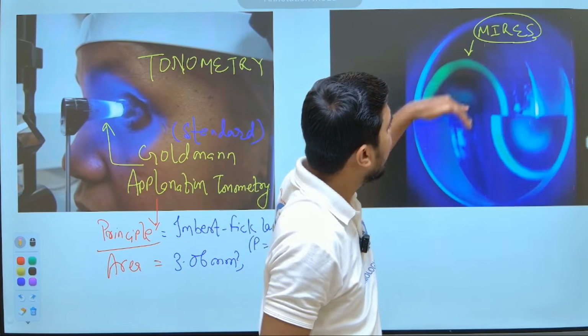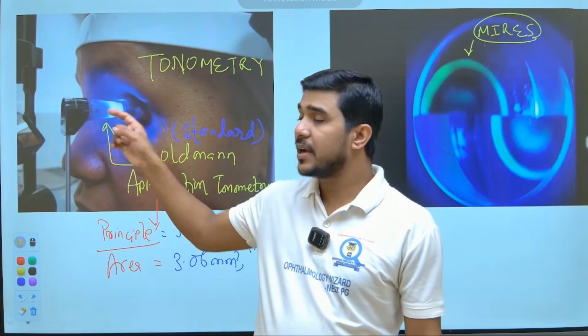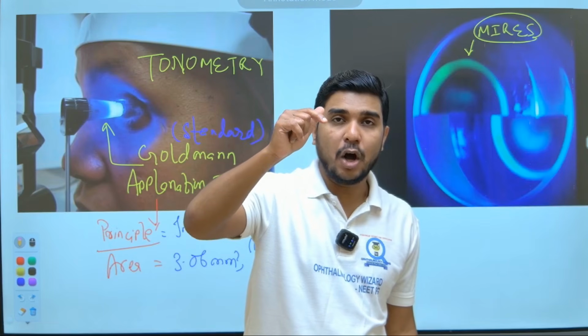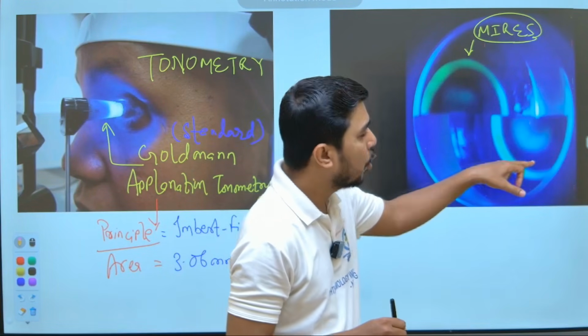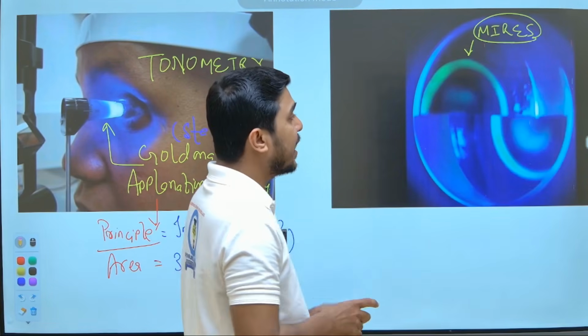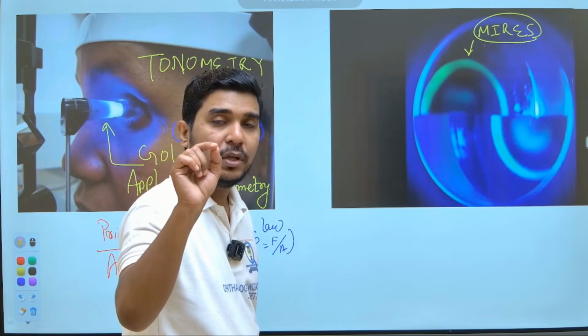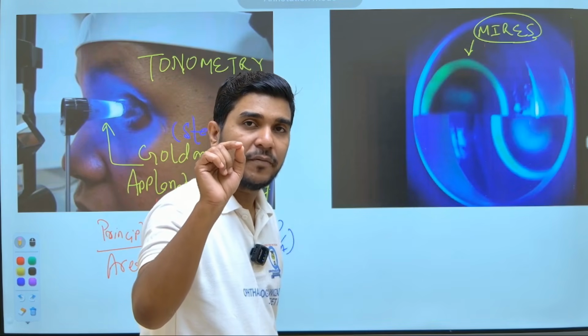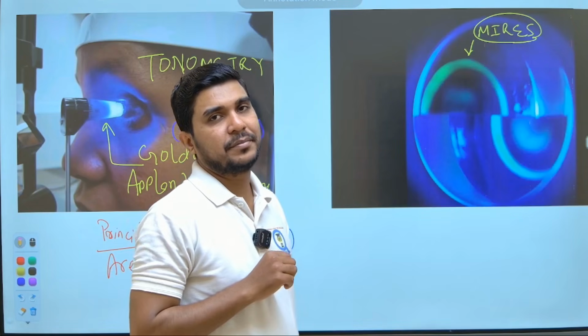This is the upper mire, this is the lower mire. The doctor is trying to rotate a knob and align the upper and lower mires. When the mires are perfectly aligned, the reading of the machine will give you the intraocular pressure.